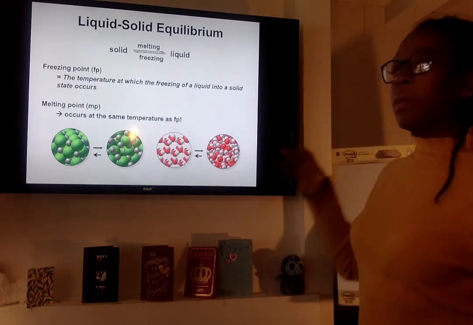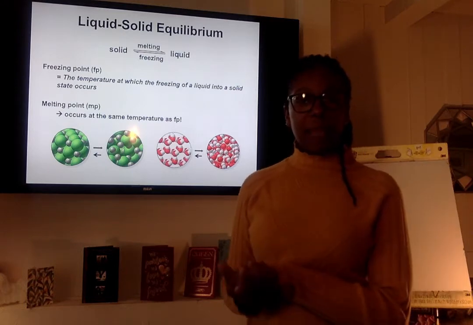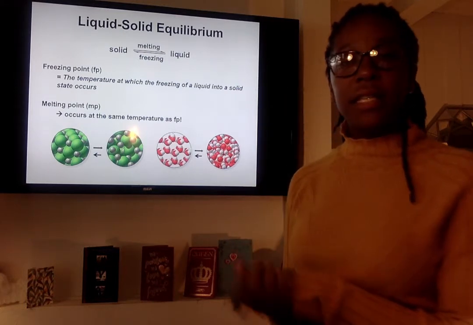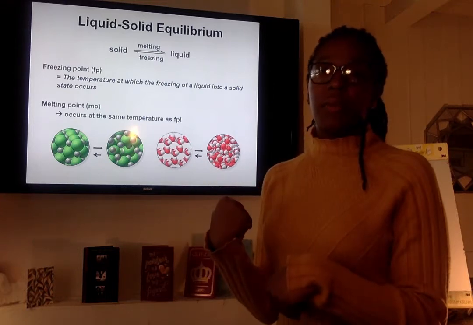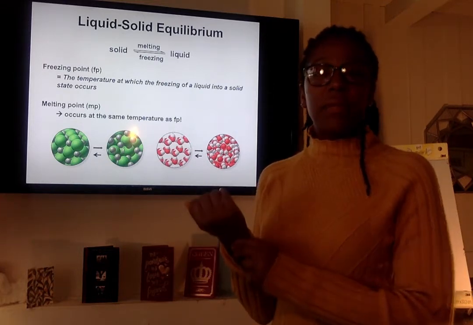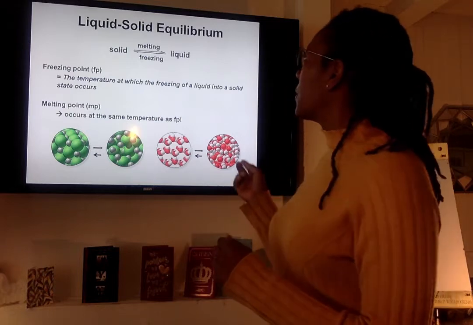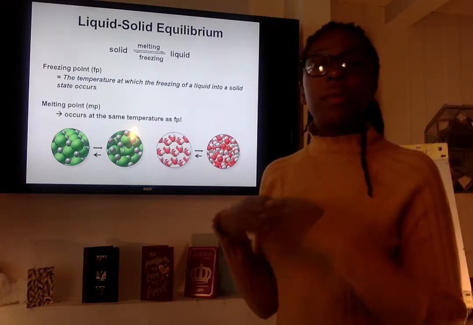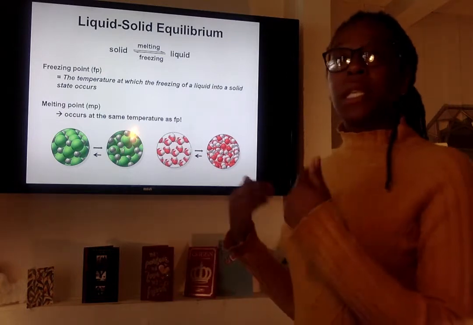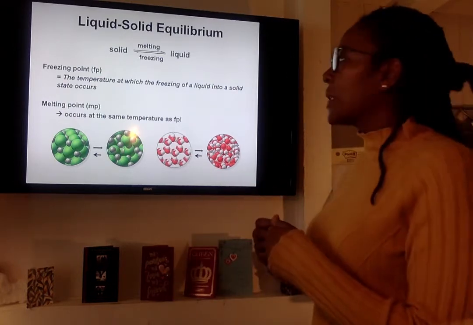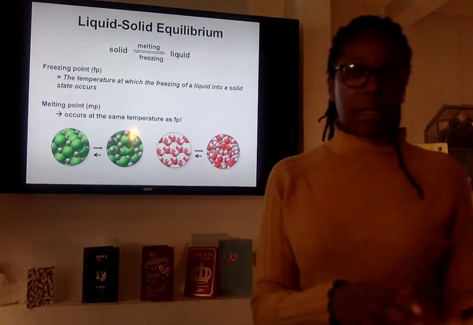So the equilibrium is just like last time. What it's saying is that each of these is changing at the same rate. The same speed at which the liquid becomes a solid is equal to the same speed at which the solid becomes a liquid. Okay? So hopefully that makes sense.